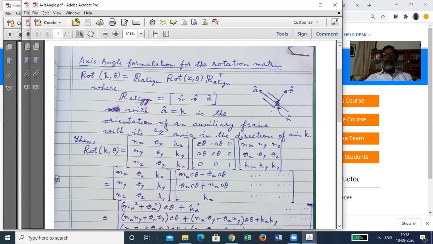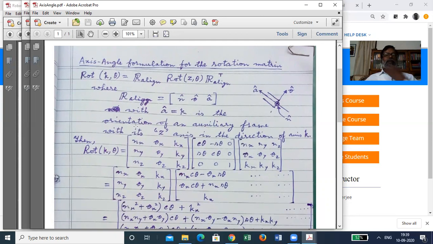Now, R align is this matrix with these normal orientation and approach unit vectors, with the approach unit vector being K. And these two unit vectors can be any two suitable unit vectors in the plane perpendicular to this K vector. Anyway, they will get eliminated on the way. Now, see how they are eliminated.